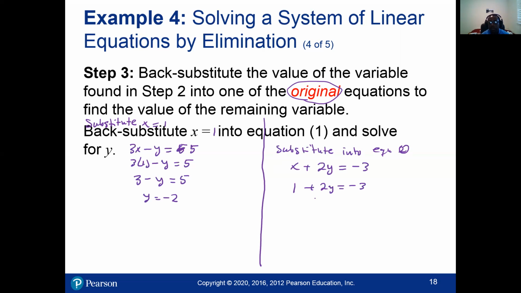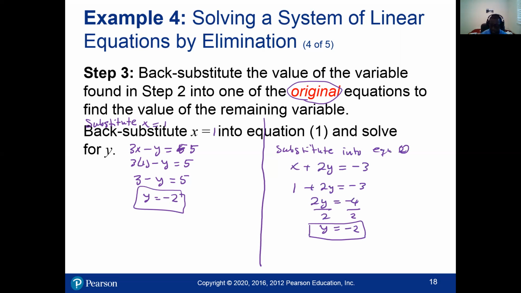Then we subtract 1 from both sides. That gives me 2y is equal to negative 4. And then divide both sides by 2. You get y is equal to negative 2. So you see that whether we use equation 1 or equation 2, after we have solved for x or one of the variables, any of the original equations will give me the same results.